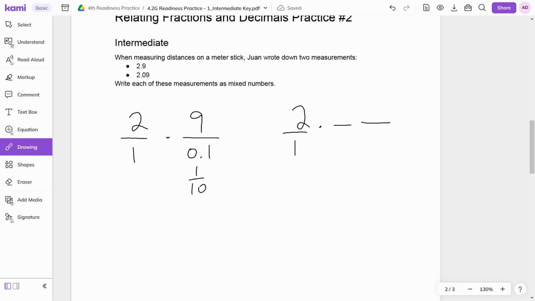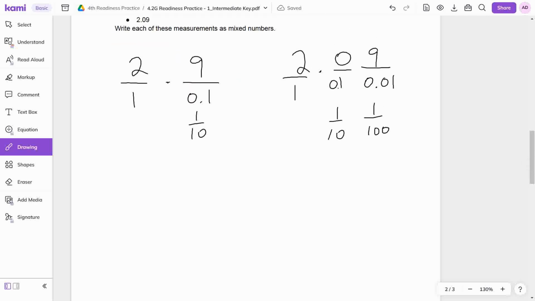And then this second one is 2.09. 2 and, here's my tenths place. But this second digit after the decimal, the 9, is in the hundredths place. And so we can write that as 0.01, or 1 out of 100. All right, so let's write both of those now as mixed numbers like we did the first problem.